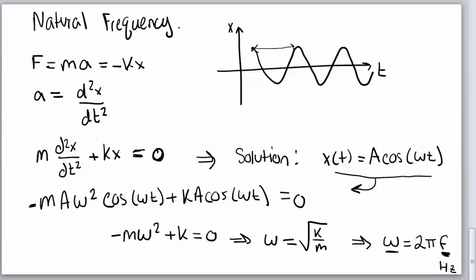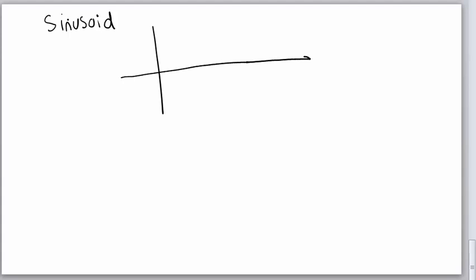So let's look at the sinusoidal waveform and remember its useful parameters. If we have a sinusoid in time with the x displacement here, this is what our sine function looks like.